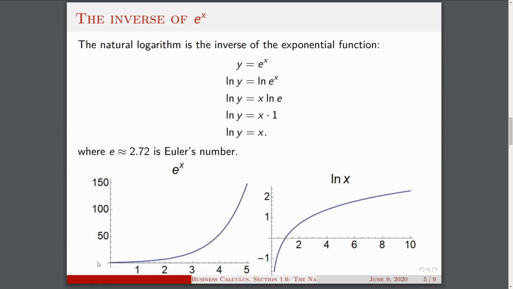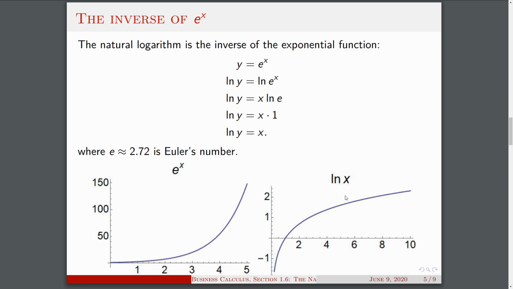Is it increasing or decreasing? It's increasing because it's going up from left to right. Is it concave up or concave down? It looks like part of a cup shape. So it's up like a cup, it's concave up.